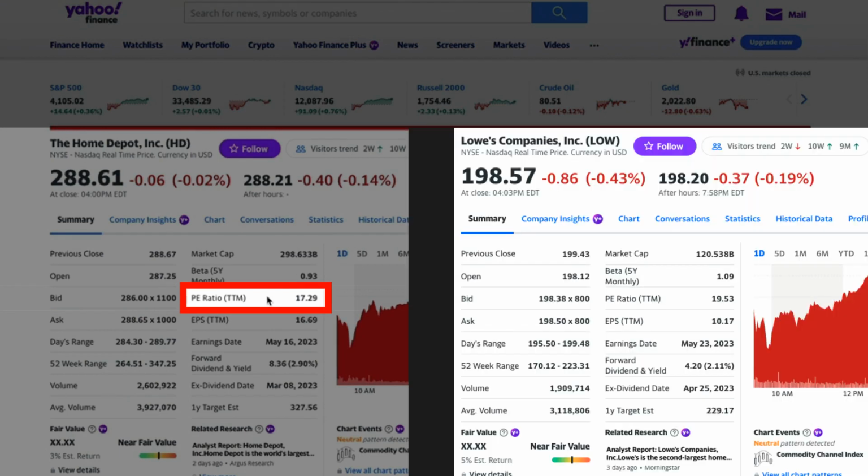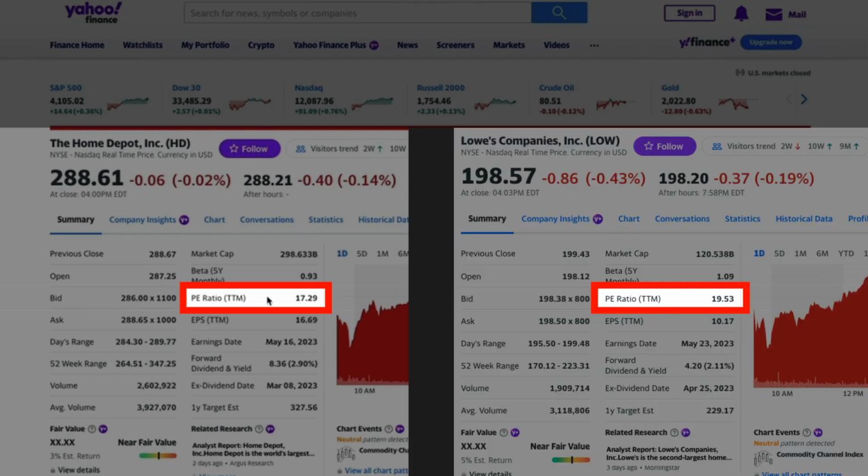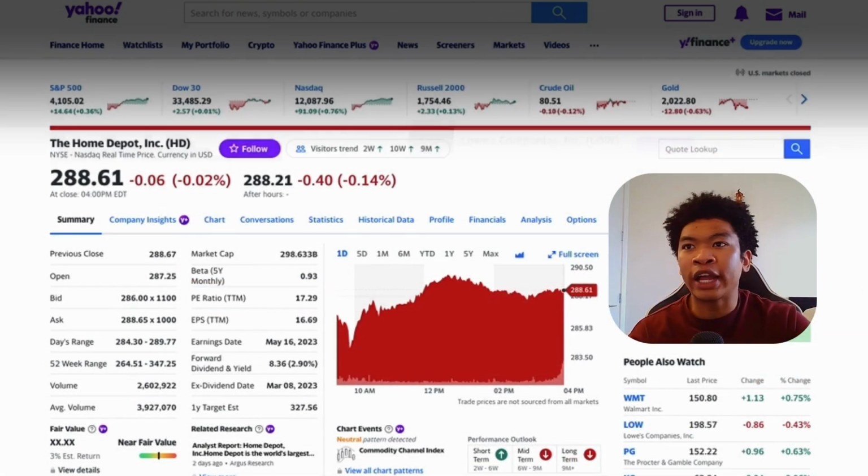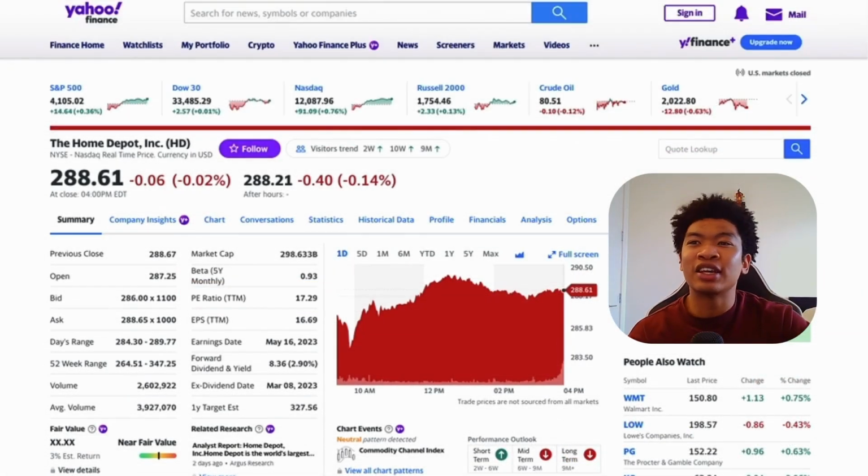But if I say this knowing that Home Depot's competitor Lowe's has a PE ratio of 19.5, then it tells me that Home Depot stock is less expensive than Lowe's relative to how much it makes in profit. Now, there might be reasons why this is, so it's important to do your research to understand either if Lowe's should be more expensive than Home Depot or if the market's just undervaluing Home Depot. But PE ratio can be useful for comparing how expensive a stock is relative to other companies like it.